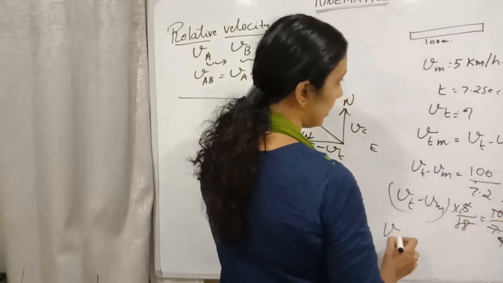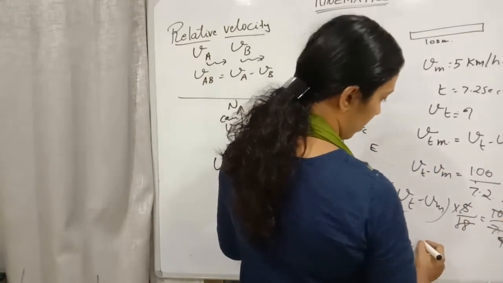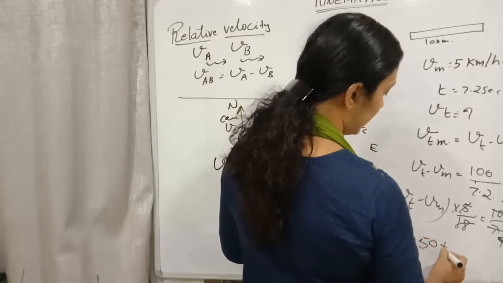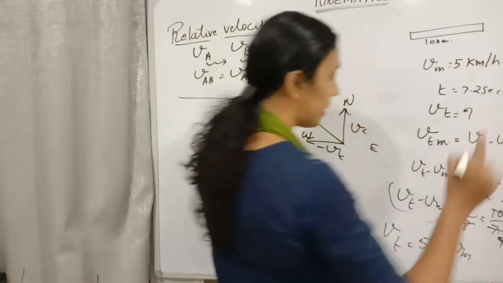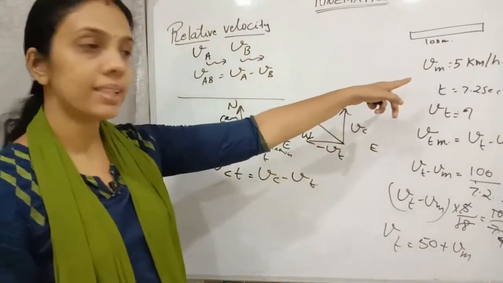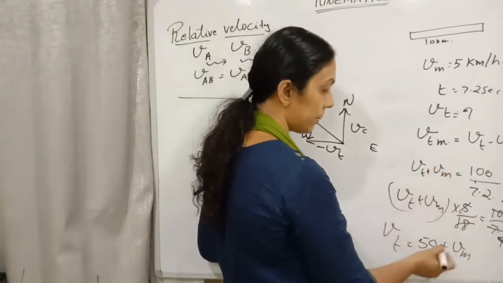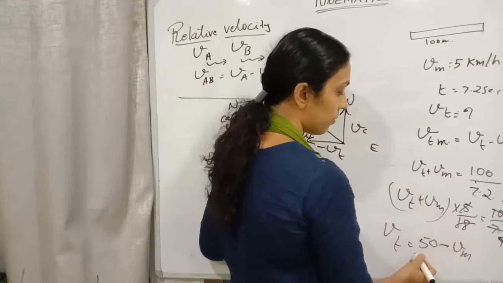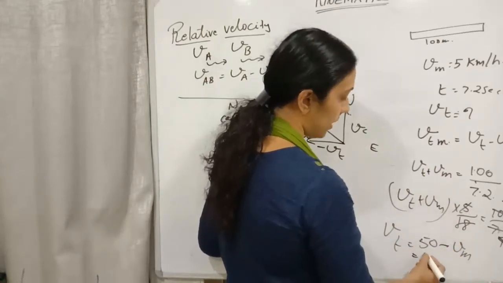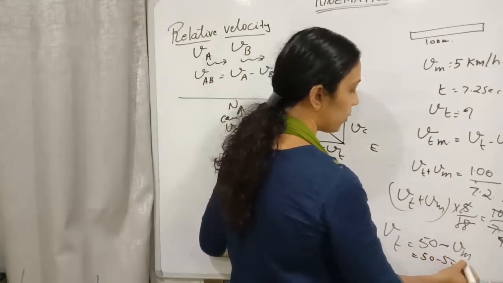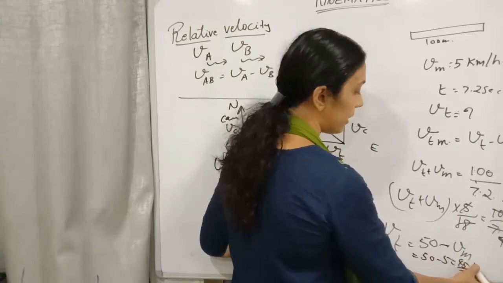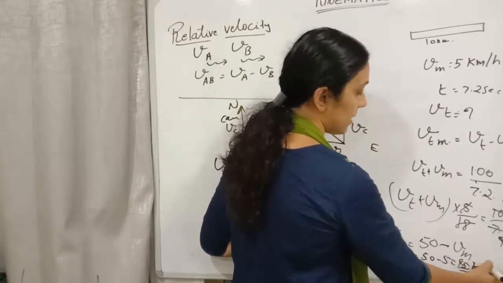Therefore, Vt will be equal to 50 plus Vm. One more thing, both are moving in the opposite direction, right? So it's not Vt minus Vm, it's Vt plus Vm. So Vt equals 50 minus Vm, 50 minus 5, that is equal to 45 meter per second.